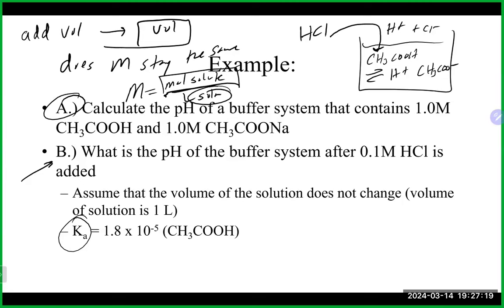Same thing is going to happen when we talk about titrations, because in titrations, we're doing nothing but continuously adding volume, which means the molarity is continuously changing, but the moles will remain the same. So those are two very common places where you have to do an ice table in moles. These are the small things you have to keep aware of.